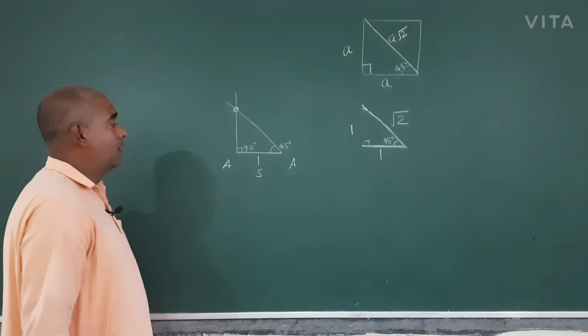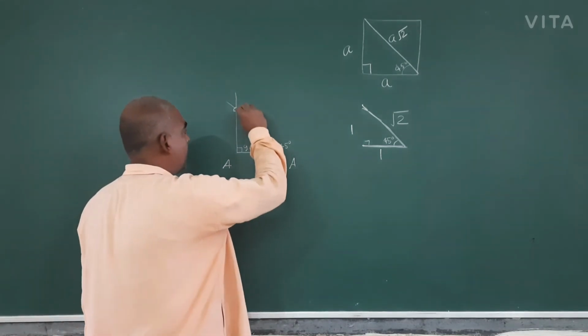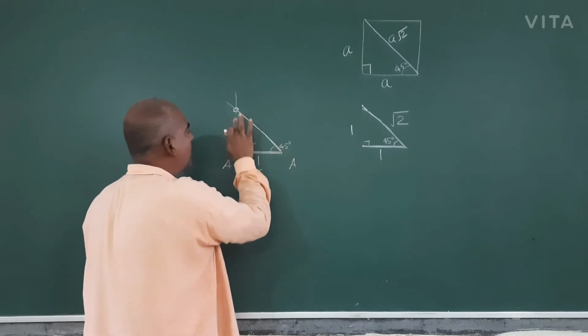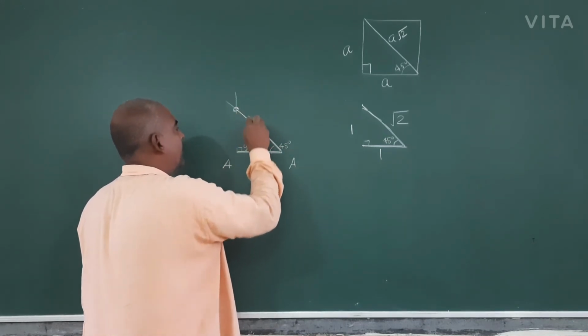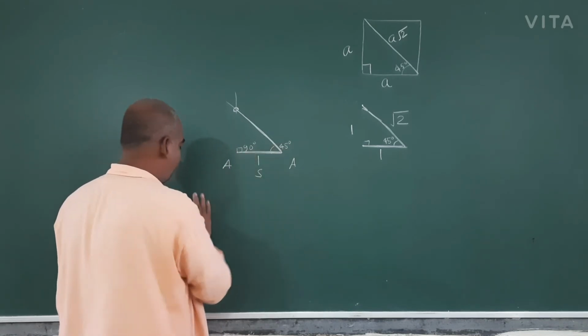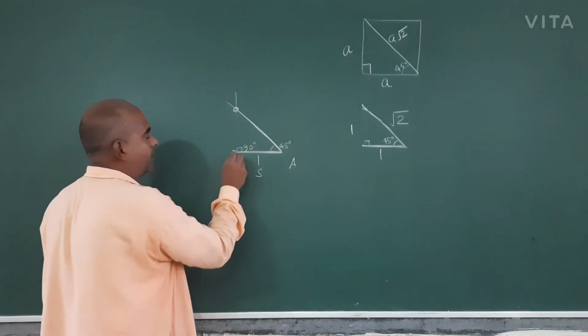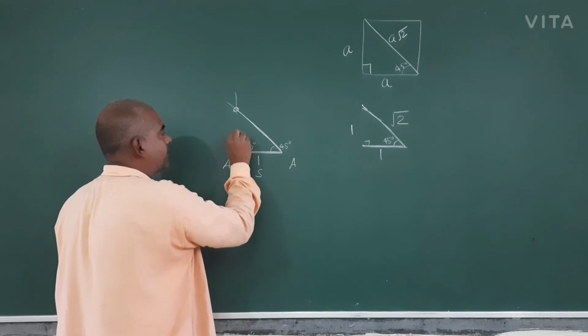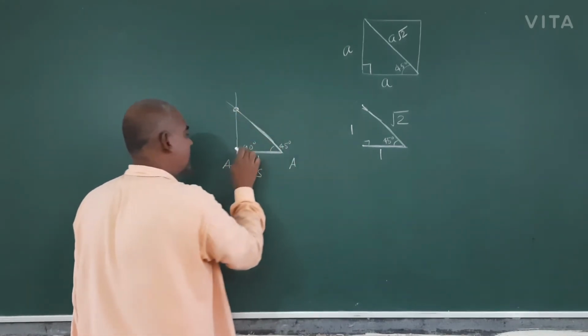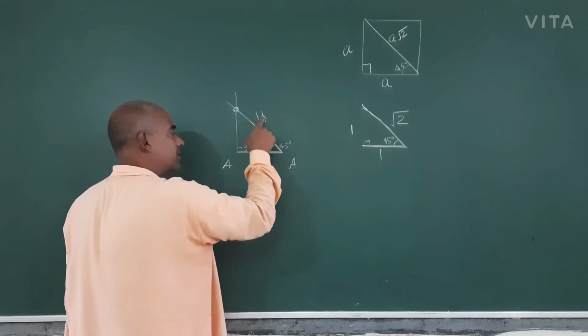Okay, so for this angle 45, you know this one and this one. Because this is the 90 degree angle, the hypotenuse is fixed.